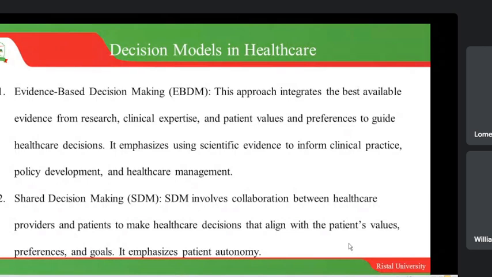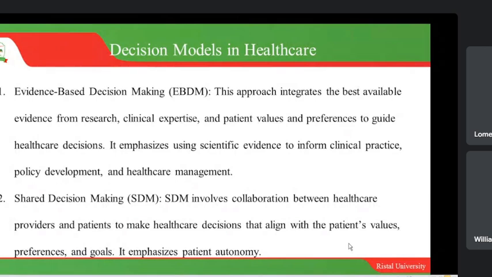So this is a very critical model, and its key focus is on providing solutions by reusing research, maybe of a particular situation, to make that decision. With the EBDM, we emphasize using scientific evidence to inform clinical practice, the development of healthcare policies, and healthcare management.